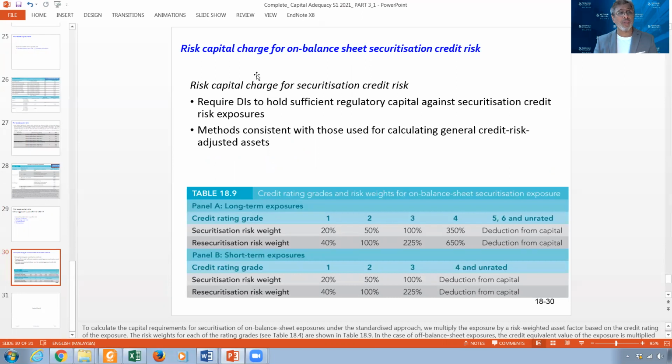Now we move to the risk capital charge for on-balance sheet securitization credit risk. We have securitizations, like MBB. MBB means mortgage-backed bonds, which are still on our balance sheet.